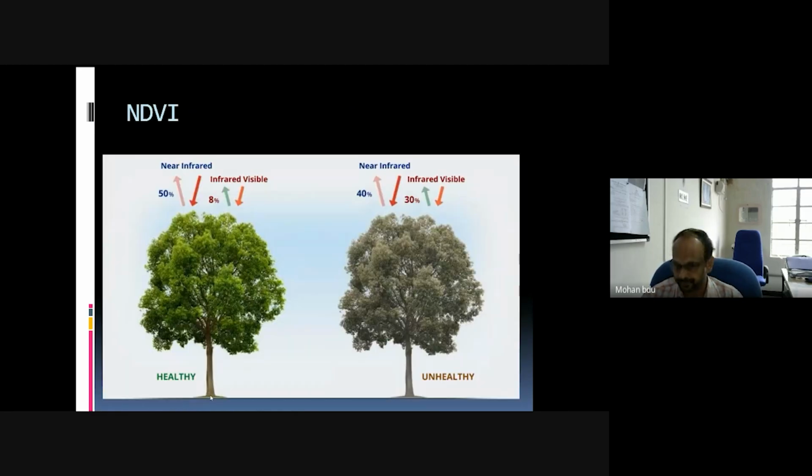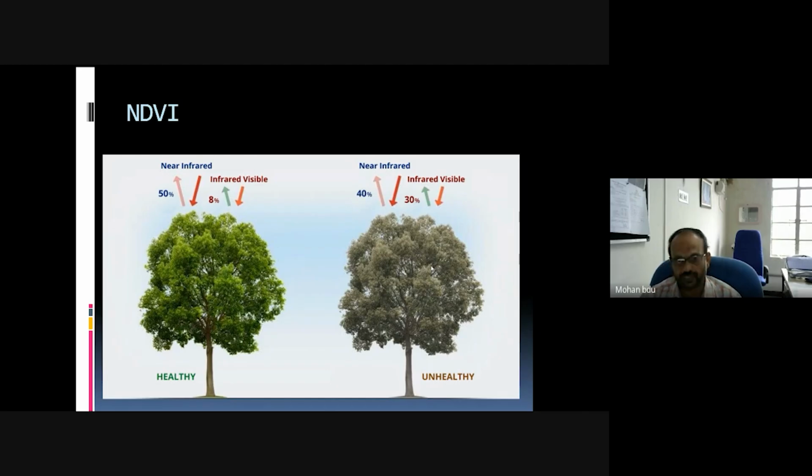So this is how the NDVI data is generated. You can see the reflections from healthy vegetation: near infrared at 50%, whereas in the case of unhealthy vegetation, if there is a pest or a drought situation where the vegetation is getting degraded, you can see the reflection is very low in the near infrared spectrum and also in the visible spectrum.